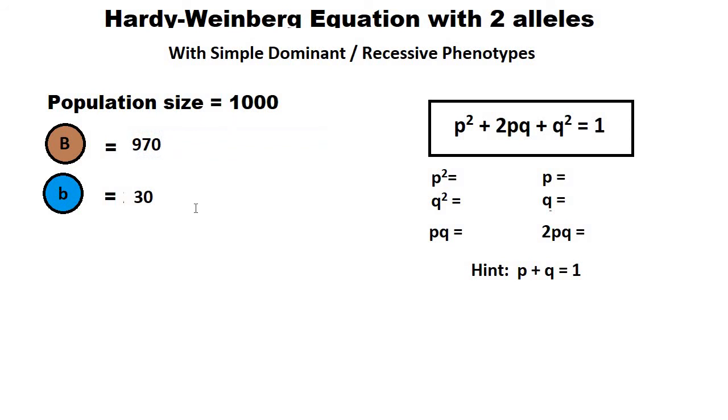Okay, well, 30 is 3% of 1,000. So, first thing we're going to do is over here in our q squared, we are going to plug in 0.03.